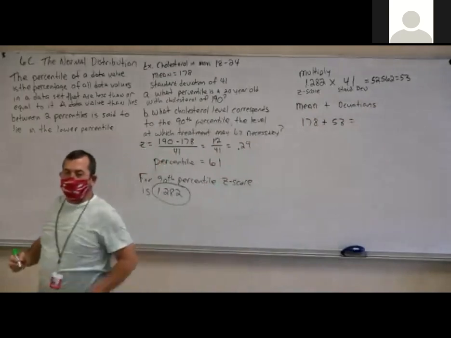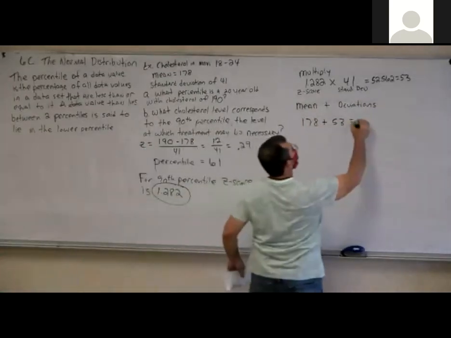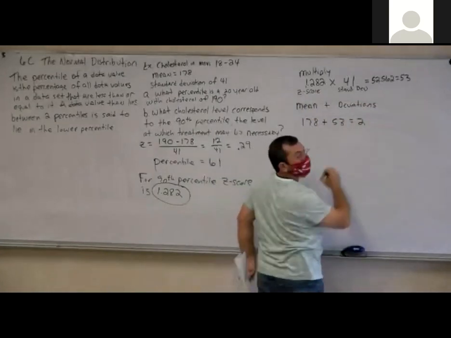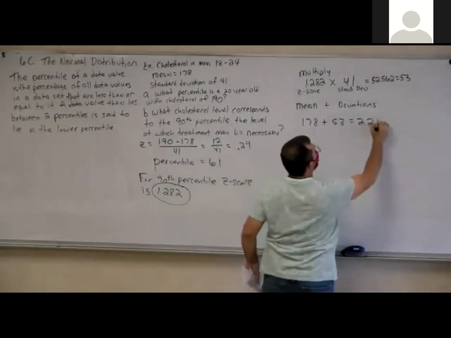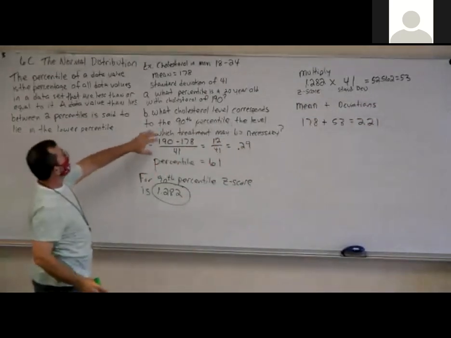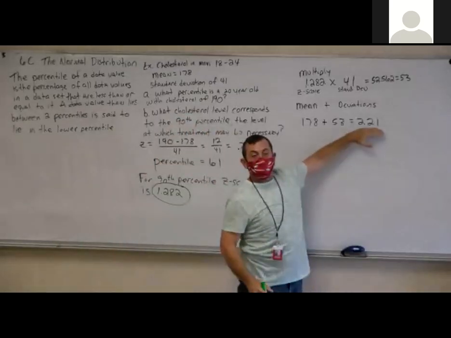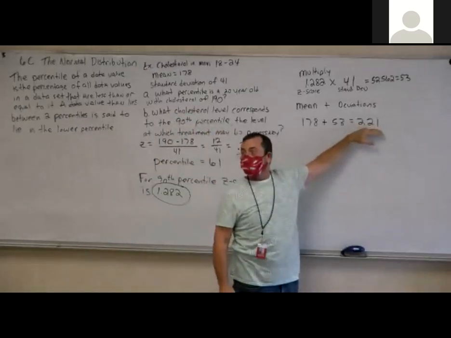Add them together for me. 221. So that tells me that if you're in the 90th percentile, your score is at least a 221, okay?